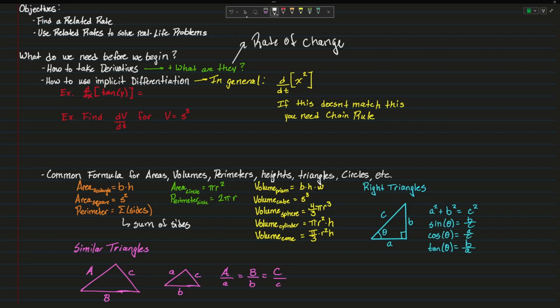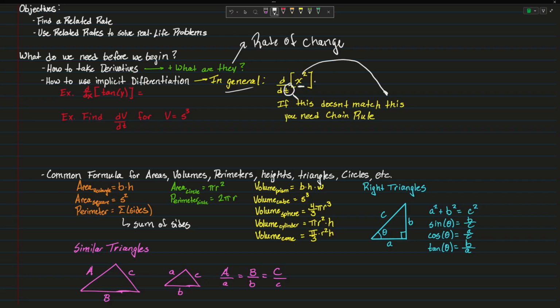The next important thing that we really need to understand how to do is use implicit differentiation. So basically in general, if we are taking a derivative with respect to, in this case, t, of some other variable, in this case x squared, if those two don't match up, so if this t doesn't match this x, we need to use the chain rule.